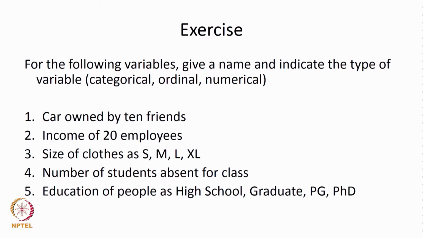If you go to a garment shop and start looking at shirts, you could find small, medium, large, extra large and so on. You could think of number of students who are present in a class or who are absent in a class. You could think of education of people such as studied up to high school, a graduate or a postgraduate or a PhD and so on. For each of these we try to give a name and indicate the type of variable which this name belongs to.